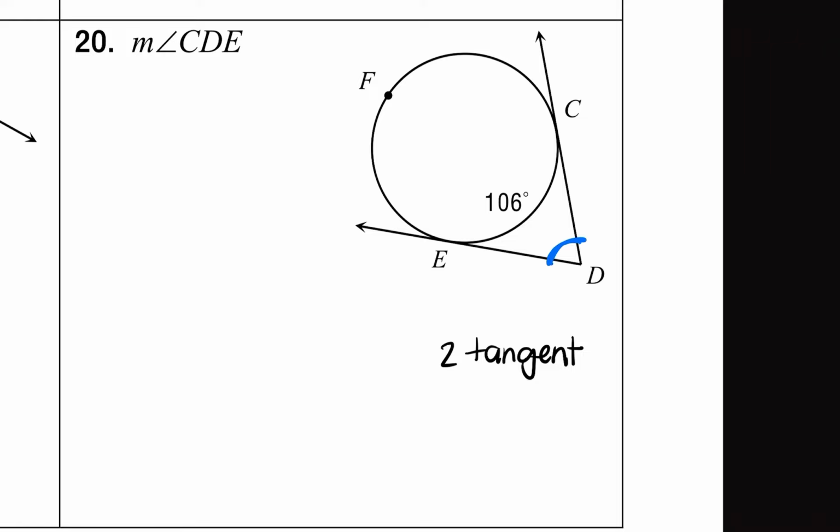You have to take a half of the measurement of arc CFE. That's this arc here, C to F to E, minus the measurement of arc CE.